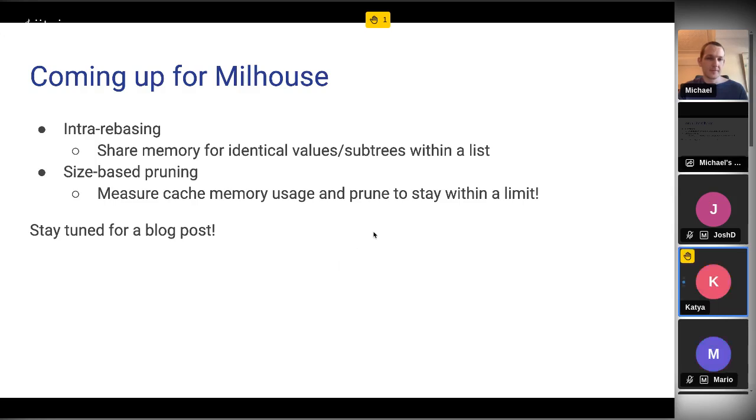Michael, I wonder what happens when the memory is overloaded. Yeah, that's a very good question. At the moment, it's a bit of a risk. We set the size of the cache to a specific number of states, say 32 or 128, and we just hope that it won't run out of memory.